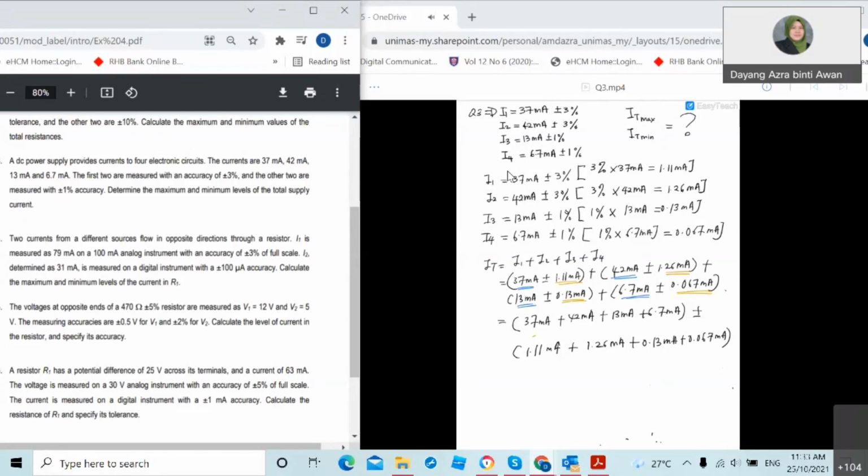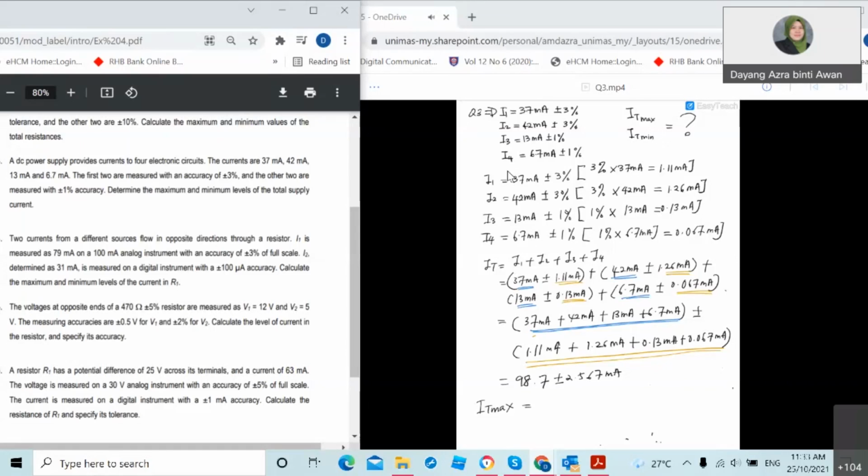This is the current, and this will be your error. Totaling up, you have around 98.7 plus minus 2.567 milliamp.